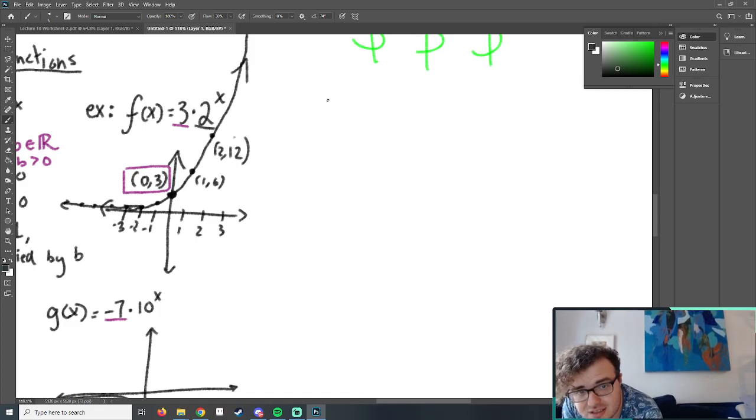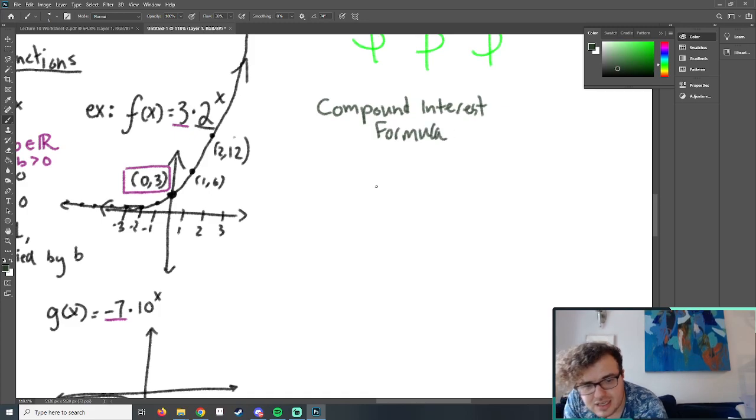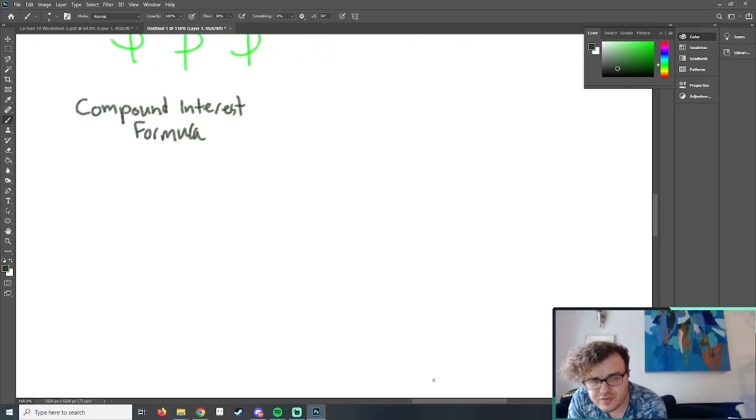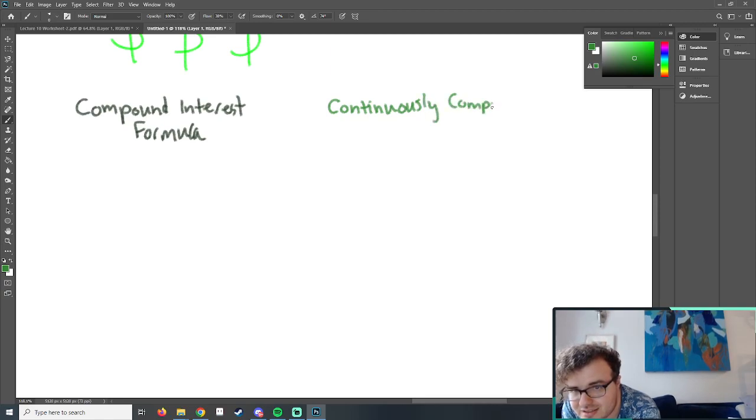We have the compound interest equation, or interest formula. And then we're going to have something over here which is much more mysterious, which I will call the continuous, or continuously compounded, interest formula.